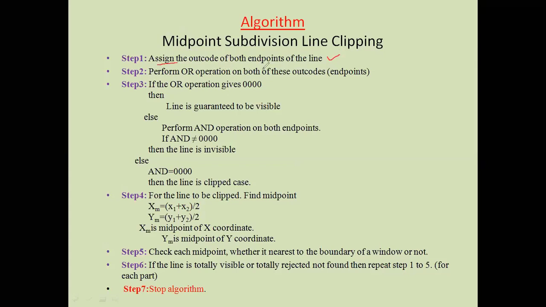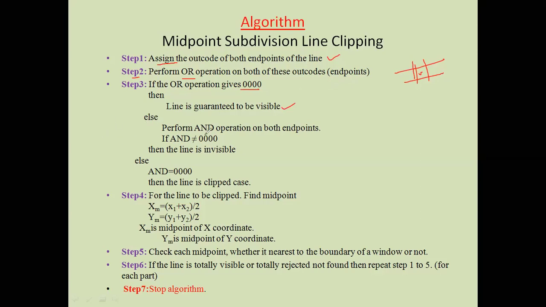So step first says assign the outcode of the endpoints of the line. We have to divide the complete screen into 9 regions, and we will assign the outcodes to the endpoints. Then, second step, as we have done earlier, perform the OR operation on both endpoints. If the OR operation is 0, then the line is completely visible, no need to do anything further.